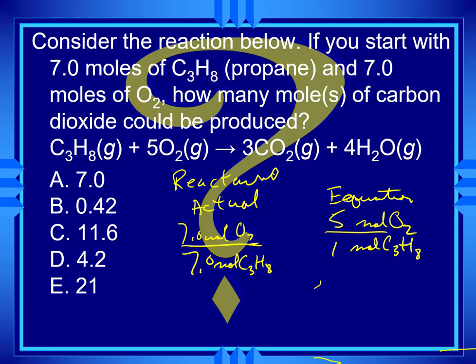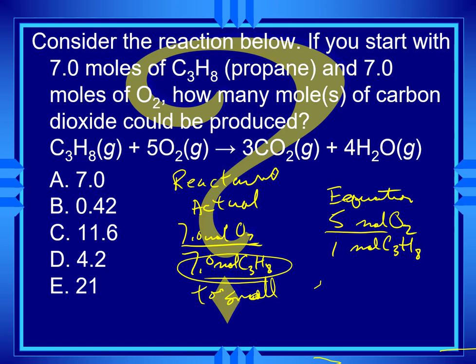Is my actual ratio too big or too small? Well, 7 over 7 is 1, right? 5 over 1 is 5. So this is too small. How do you get a number that's too small? Your denominator's too big.